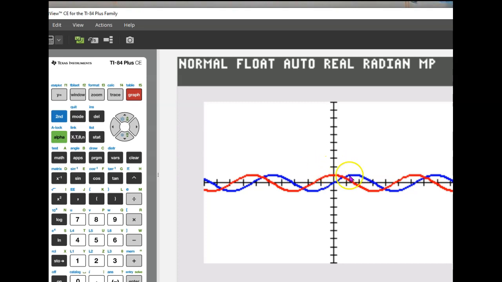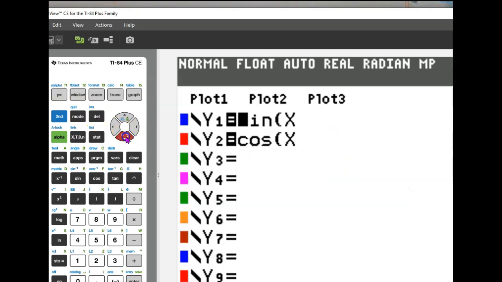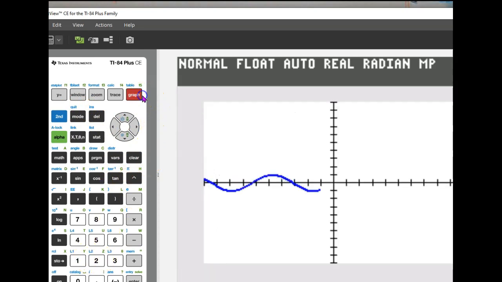If I move it to the right, how does pi over 2 have to impact my graph here? Is it plus pi over 2 or minus pi over 2? Minus pi over 2. So see, y'all are geniuses. Good job.